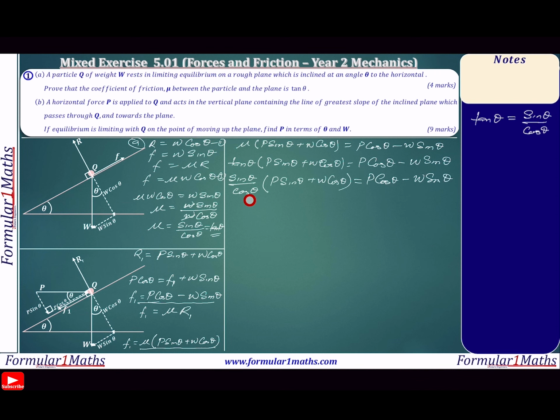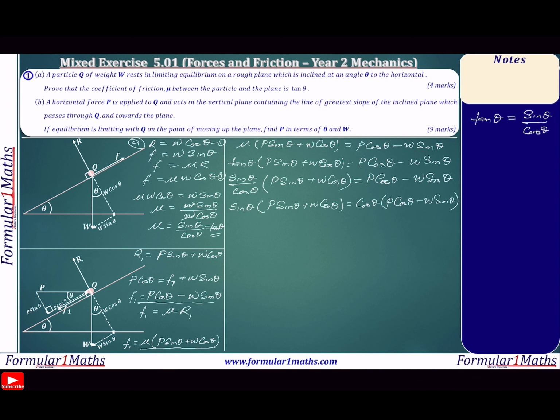I can now take cos theta to that side, and I'm going to get sin theta brackets P sin theta plus W cos theta equals cos theta brackets P cos theta minus W sin theta.